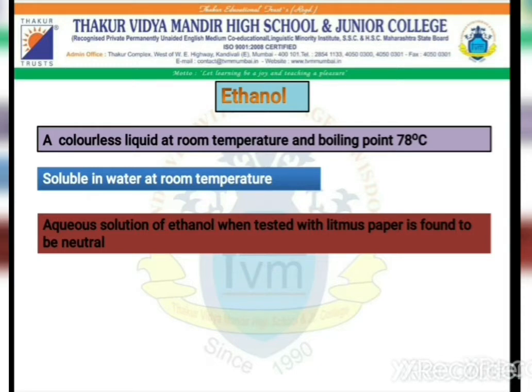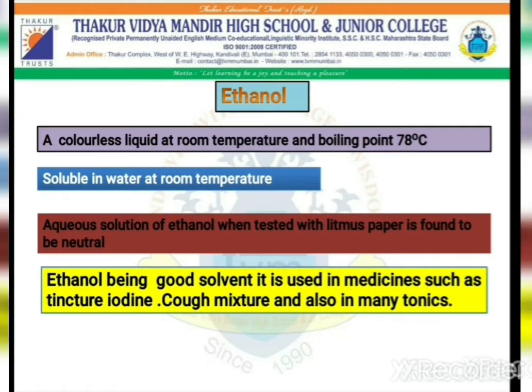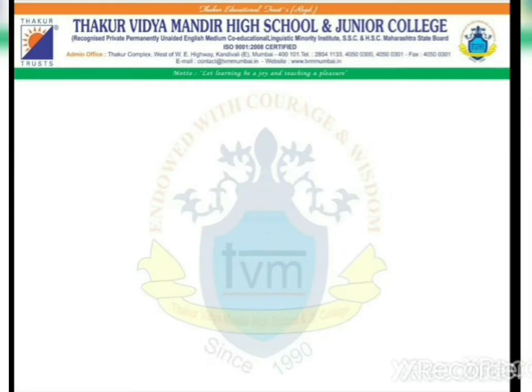This aqueous solution of ethanol, when tested with litmus paper, is found to be neutral. Ethanol, being a good solvent, is used in medicines such as tincture iodine, cough mixtures, and also in many tonics. So these are the physical properties of ethanol.